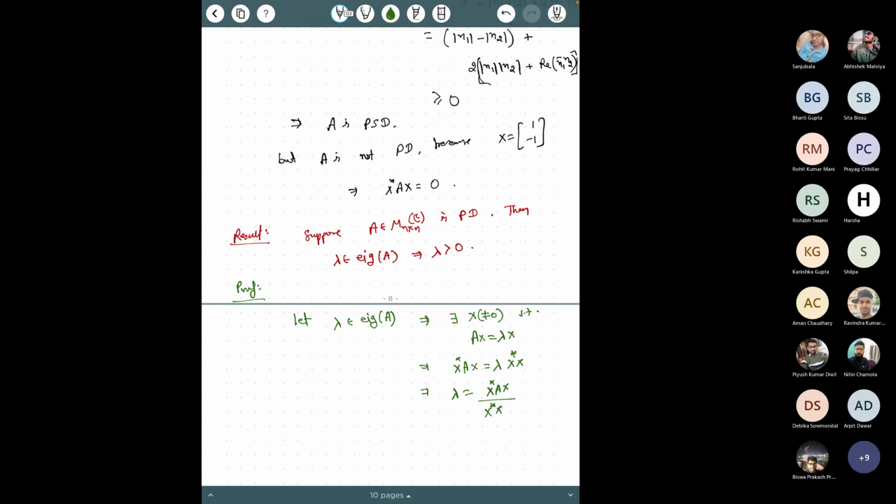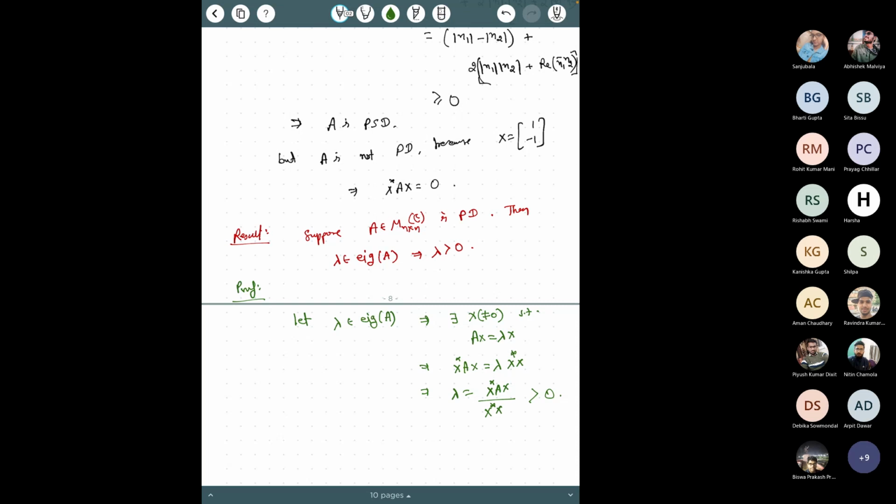Yes, because A is positive definite, so x star Ax is greater than 0, and x star x, since x is non-zero, is always greater than 0, so lambda is greater than 0. Every eigenvalue of a positive definite matrix is positive.